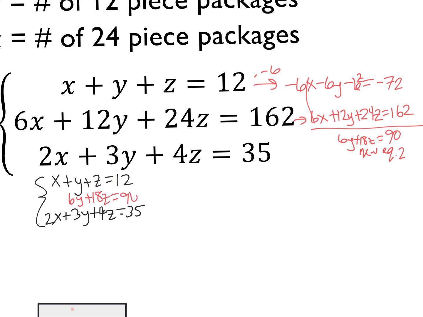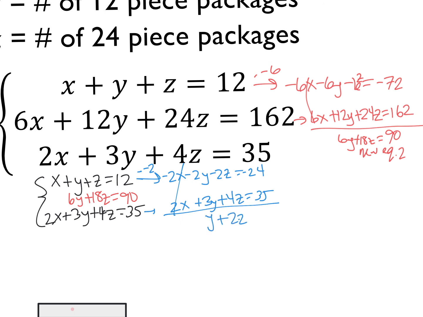So if we got rid of x in equation 2, we also have to get rid of x in equation 3. So we're going to multiply equation 1 by negative 2. Rewrite equation 3. Add down. X's cancel. Y plus 2z equals 11.